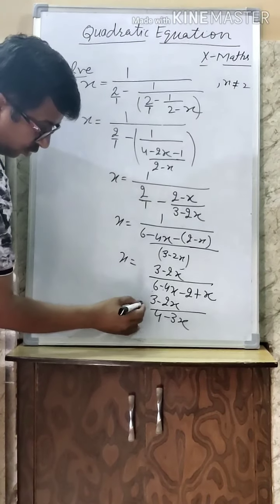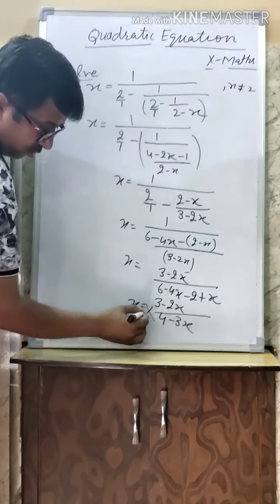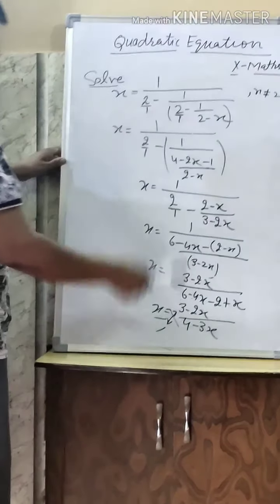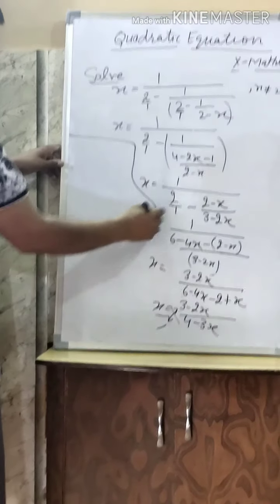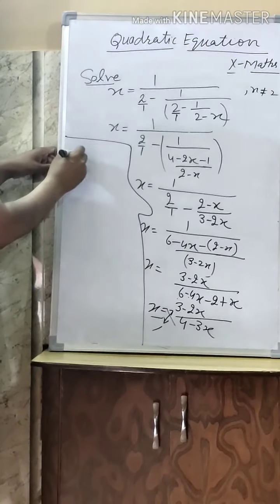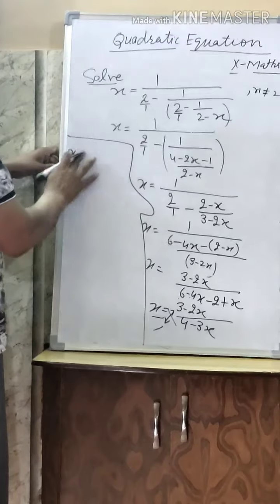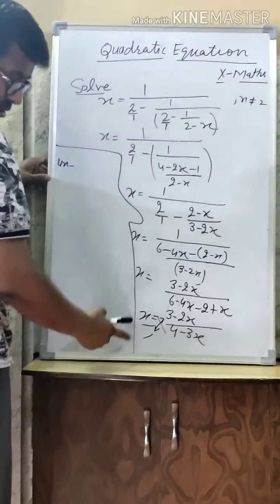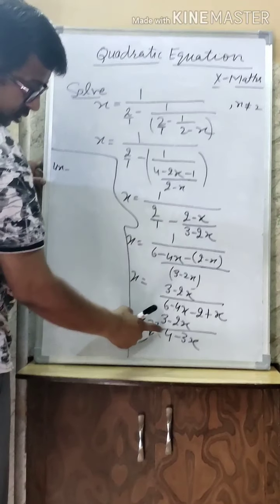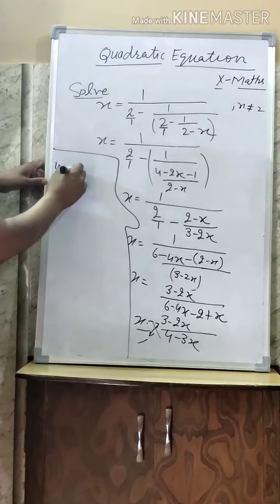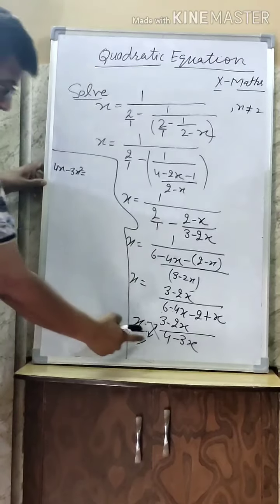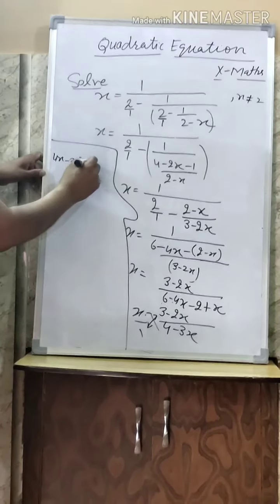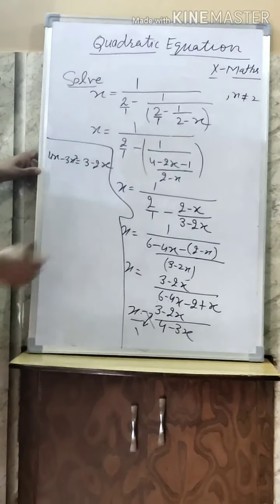The next step, you will cross multiply this. So x into this, x into 4, that is 4x minus 3x here, and this side 1 into this, 3 minus 2x, as it is.